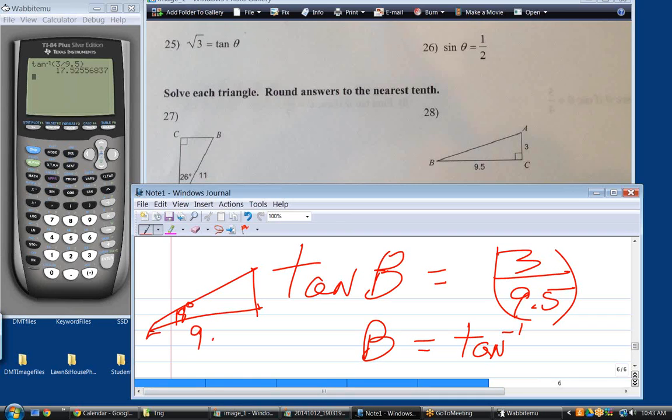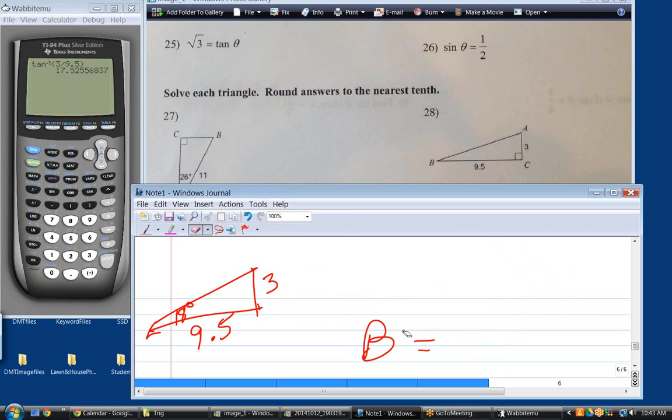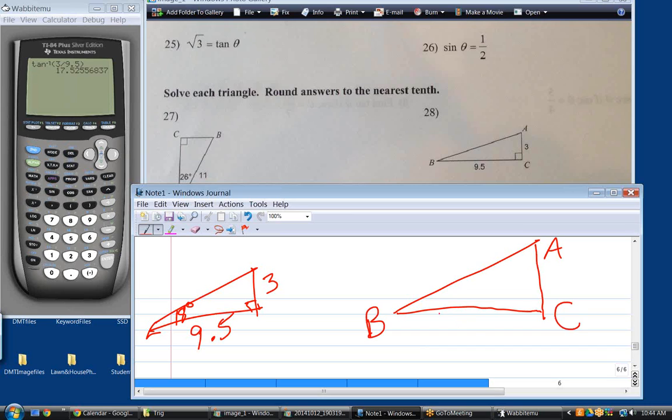And now what? In other words, now we have that much of the triangle. Can we solve for any other angles easily? The tangent of the other angle?